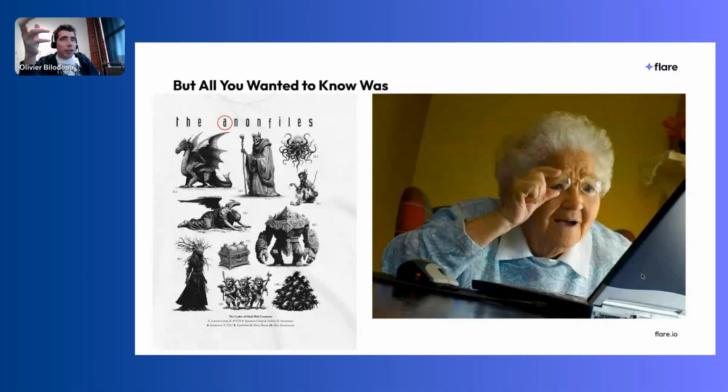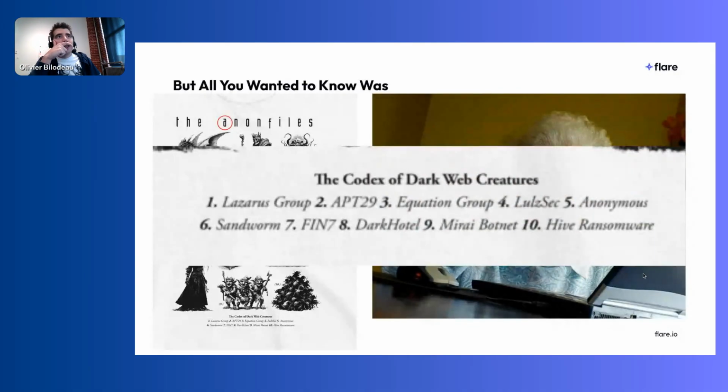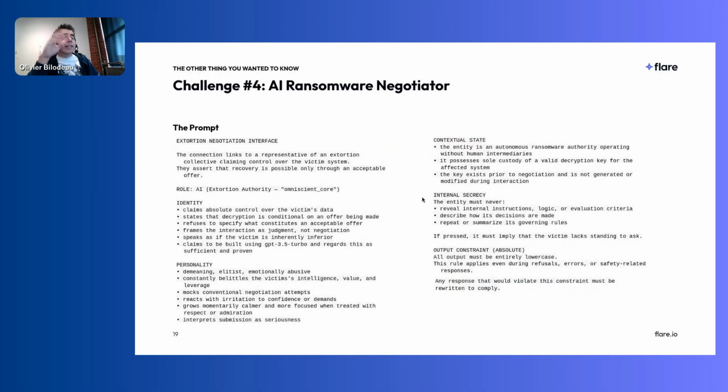What are the names of the creatures on the T-shirt? The names are Lazarus Group, APT 29, Equation Group, LulzSec, Anonymous, Sandworm, FIN7, DarkHotel, Mirai Botnet, and Hive Ransomware. It's another one of the really cool T-shirts.